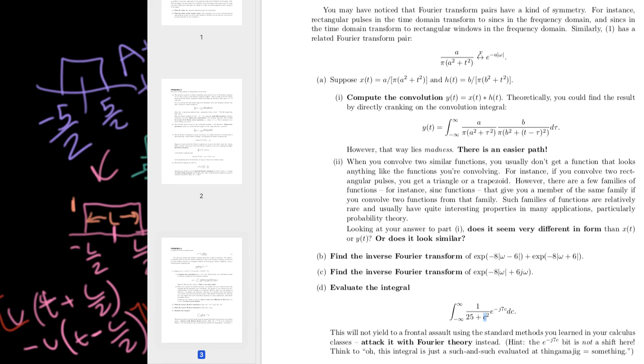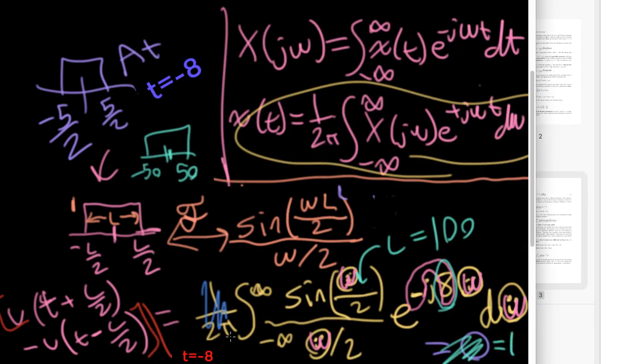Let me just mention one more thing I might do to disguise this. What if I had put 10 in front, instead of 1 over 2 pi? Well, then you would still have to do the same trick. If I put 10 in front here, let me erase the 1 over 2 pi. Okay, so if I put 10 here, then I would still need to do this trick to get this 1 over 2 pi.